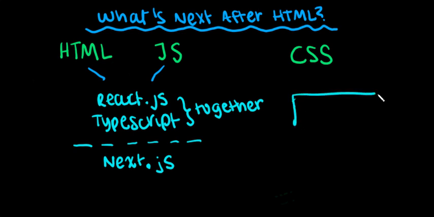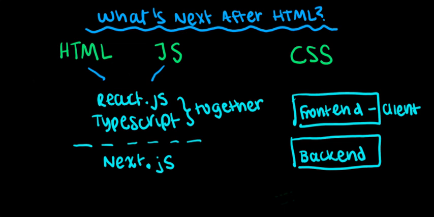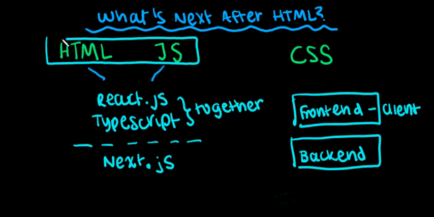You have something called a front end, and this is what the client sees. And then you have something called a backend. And this is where you perform different tasks. So this is probably where you'd access a database or process what the user inputs. So typically right now we're talking about these as front-end languages.